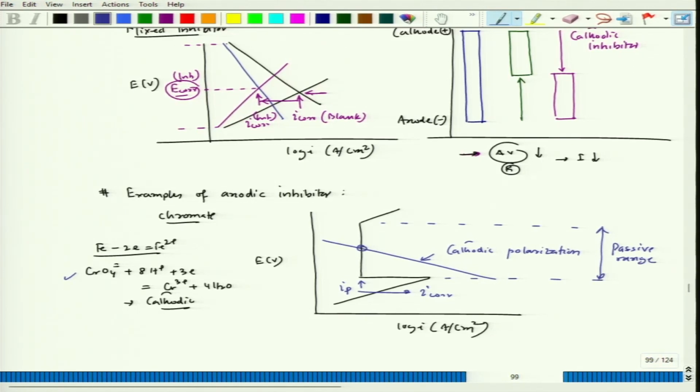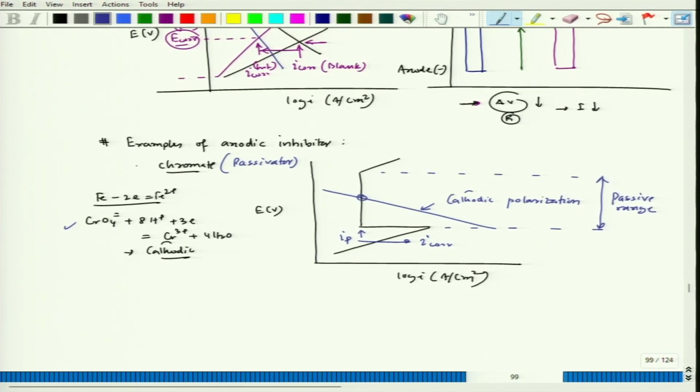Actually, this inhibitor, once we add, it takes the potential of the anodic part towards positive direction and fixes it at passive range, and we get a very low corrosion rate. So, this is kind of passivator, we can say passivator. Okay. So, similarly, we can have nitrate. Then we can have phosphate.